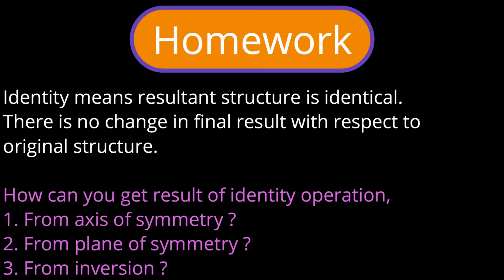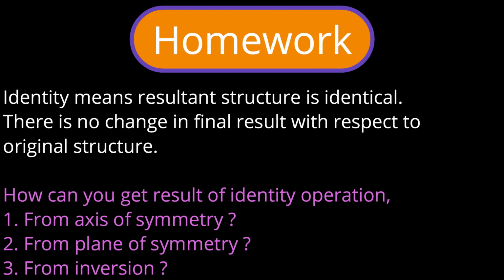What did you understand from identity? The identity operation results in an identical structure. There is no change with respect to the original structure. Can we obtain such an original structure, which has no change at all, by other elements of symmetry?